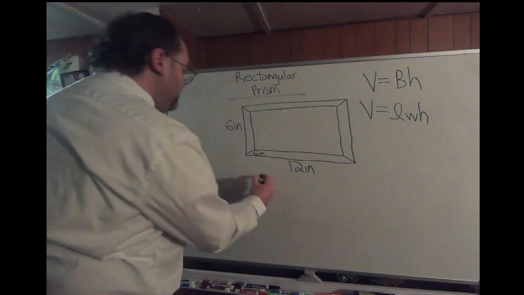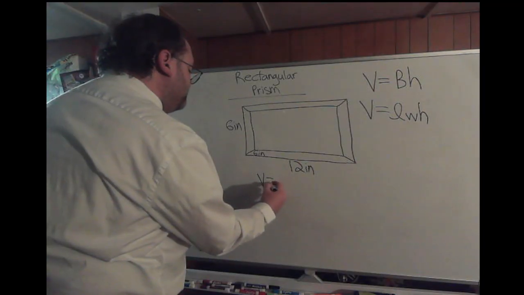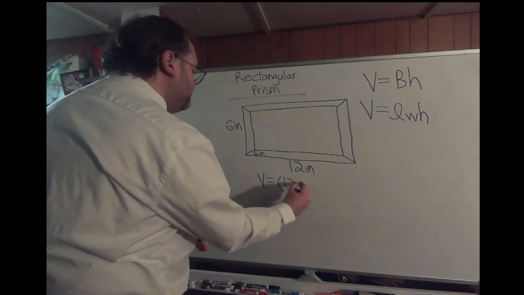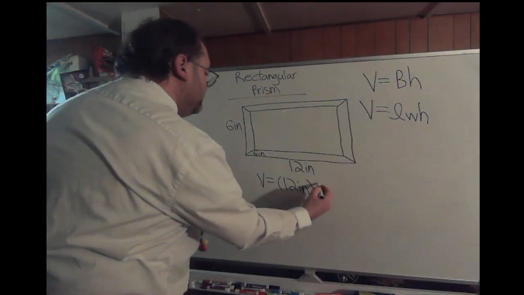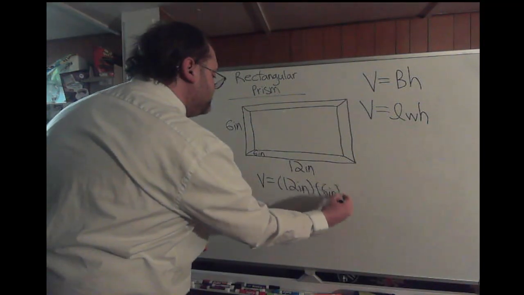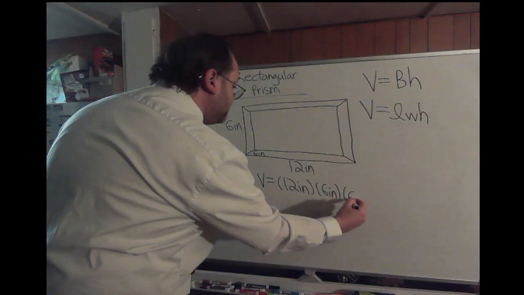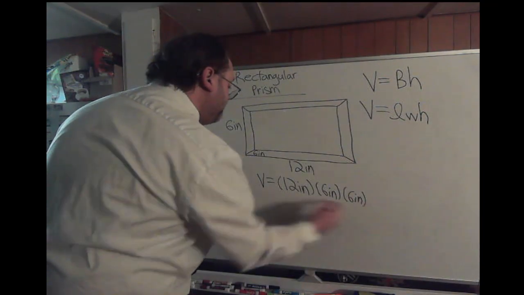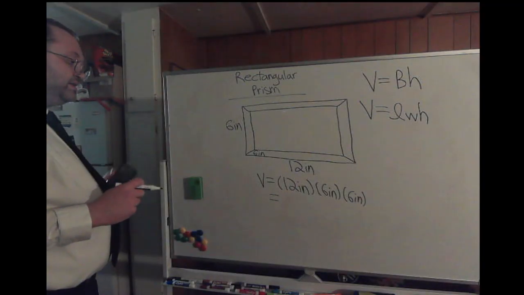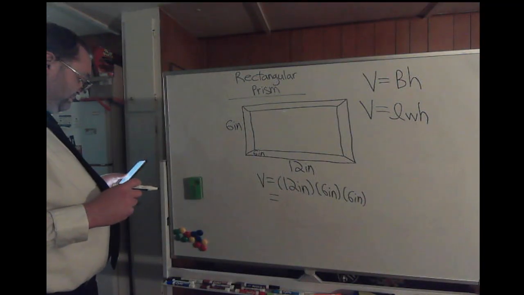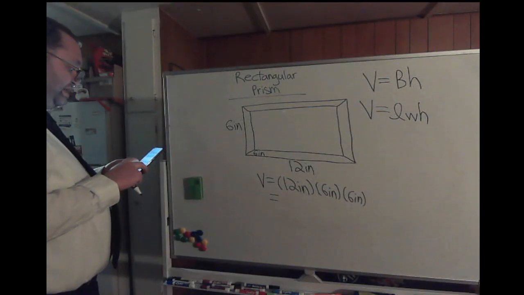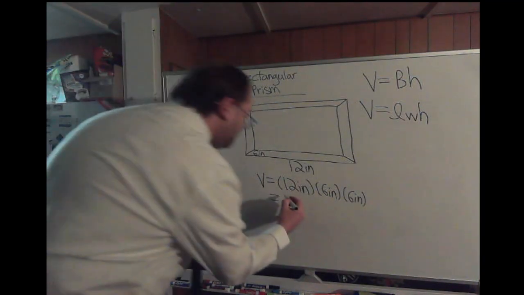Since this is a rectangular prism, the volume is going to be equal to the length, which is 12 inches, times the width, 6 inches, times the height also of 6 inches. Now we just have 12 times 6 times 6. So 12 times 6 times 6, that's 432.